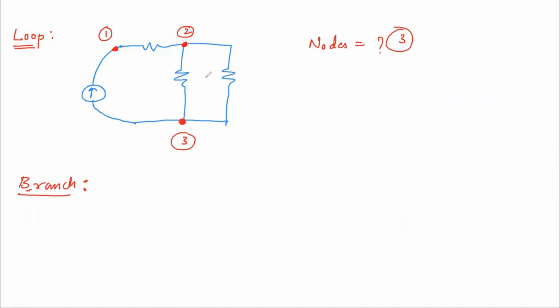Let us take an element between nodes 2 and 3. So there are 2 elements, right? Now let us take R1, R2. Let us take R1. So there are 2 nodes, 1 and 2. So it is a path.